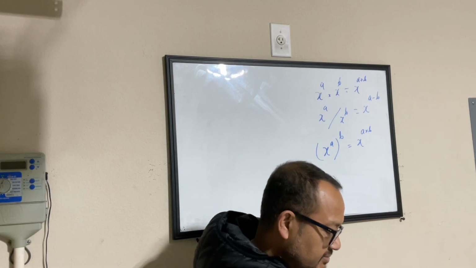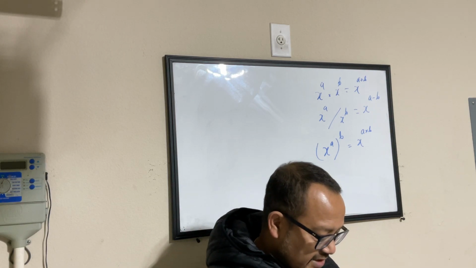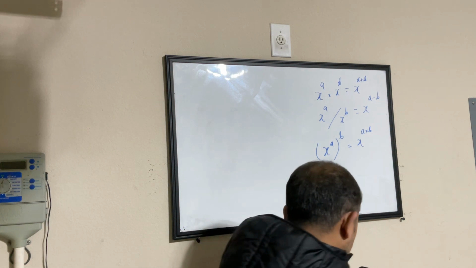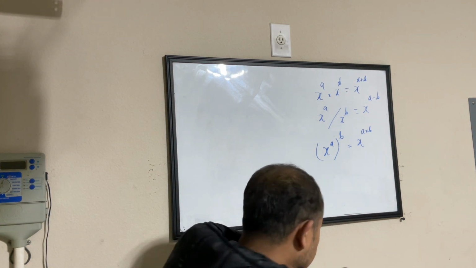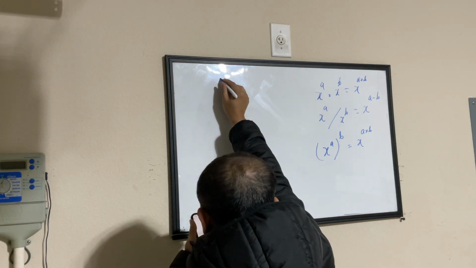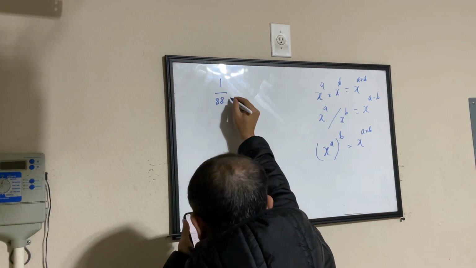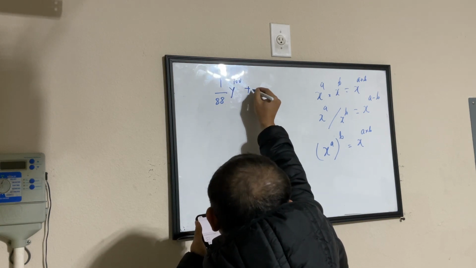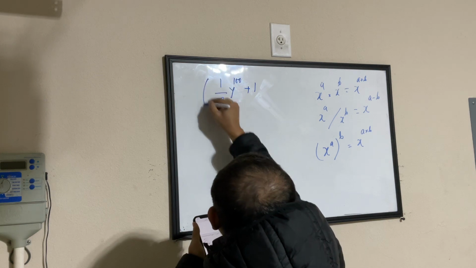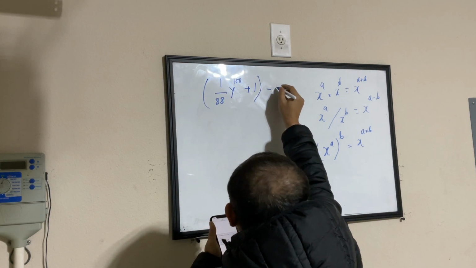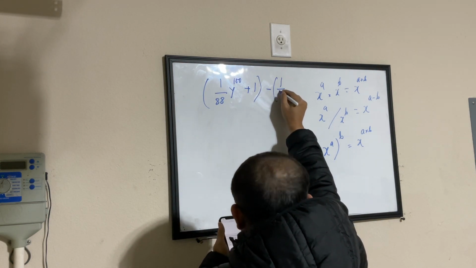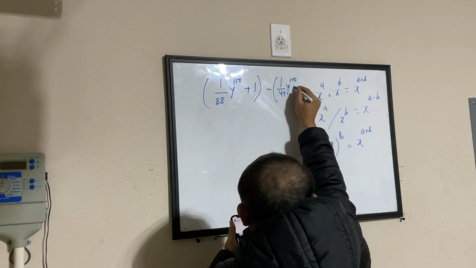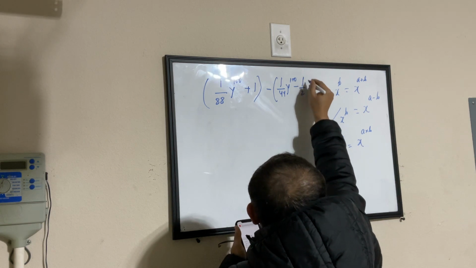So let's look at one problem that I again picked up from Khan Academy, and we'll see if we are able to apply that while dealing with them. The question here is 1 by 88 y to the power 100 plus 1, minus 1 by 44 y to the power 100, minus 1 by 2.